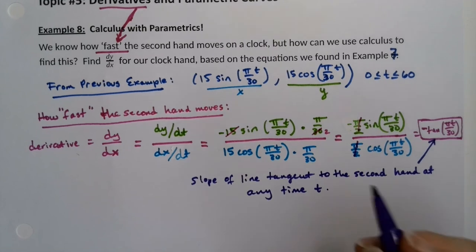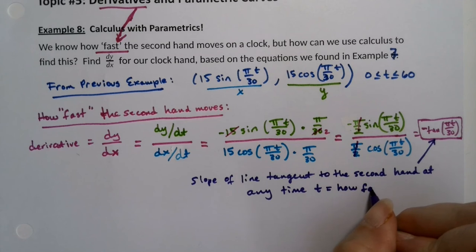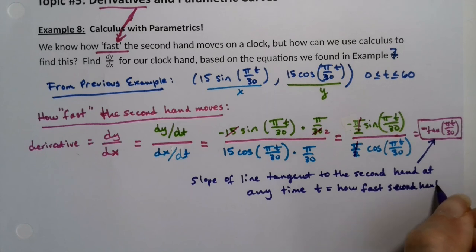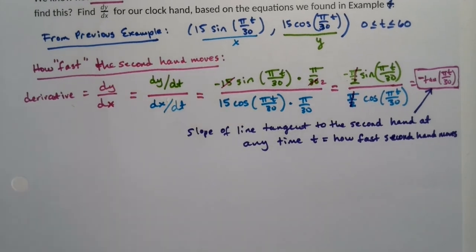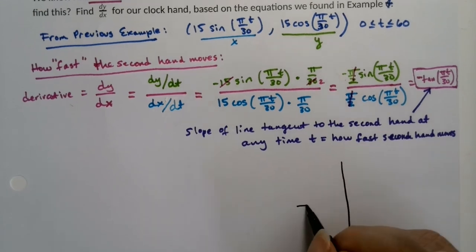And it's also how fast the second hand is moving. We learned that the slope of the tangent line is how fast things happen. So that's from Calculus 1.